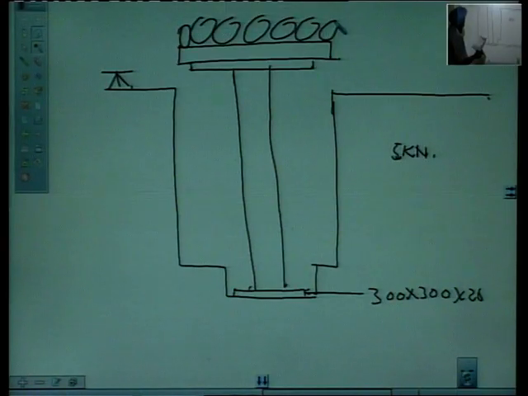When we find some settlement, then we apply the formula for ultimate bearing capacity of soil.